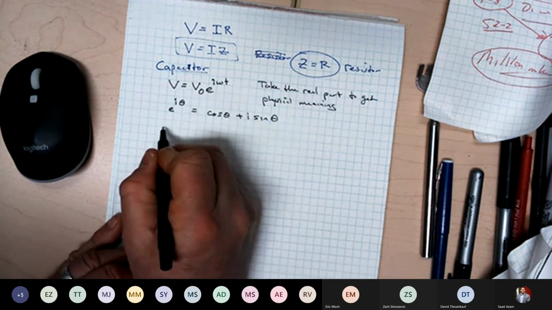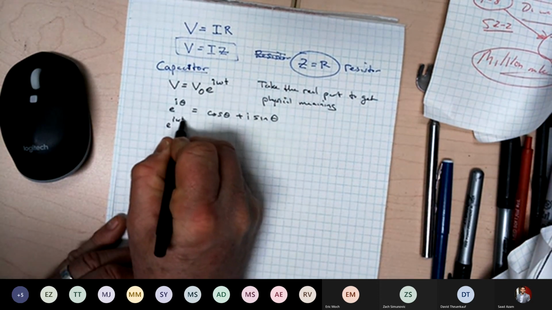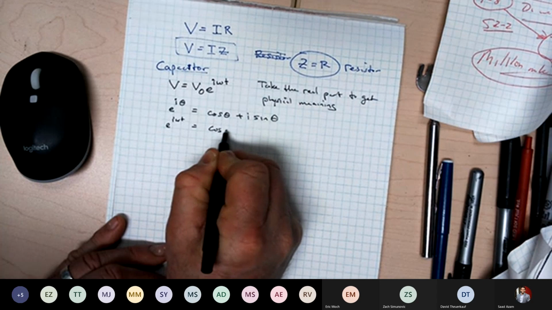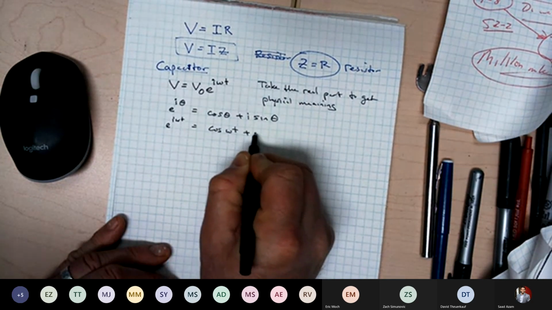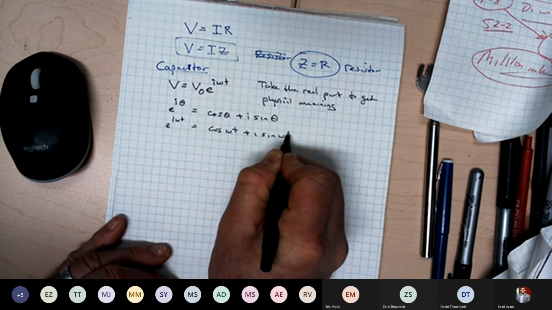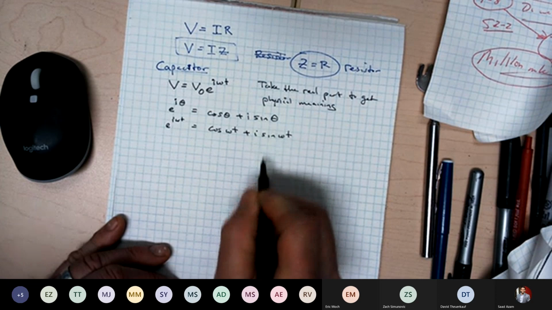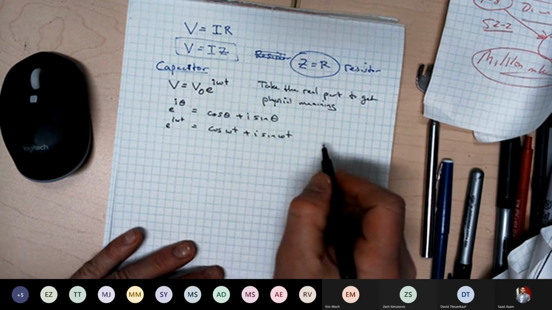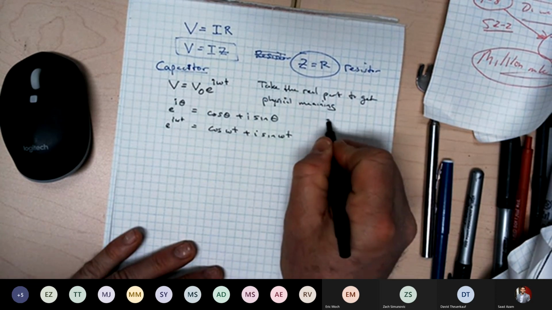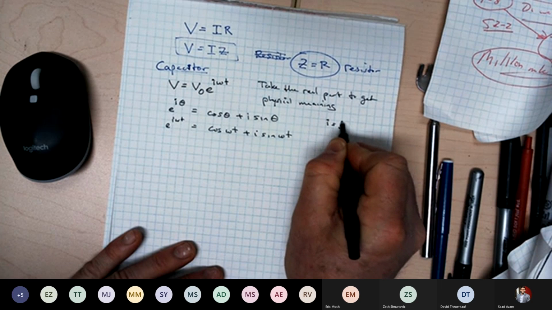So that means e to the i omega t equals cosine omega t plus i sine omega t. I hope everyone knows that i is equal to the square root of minus 1.